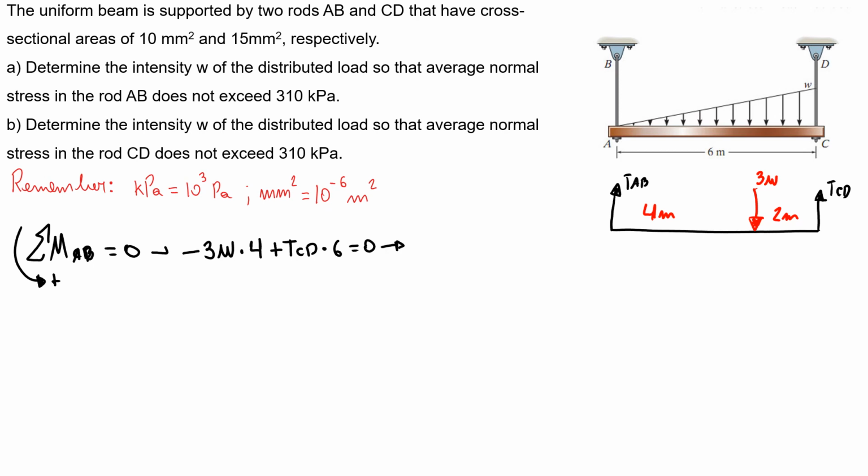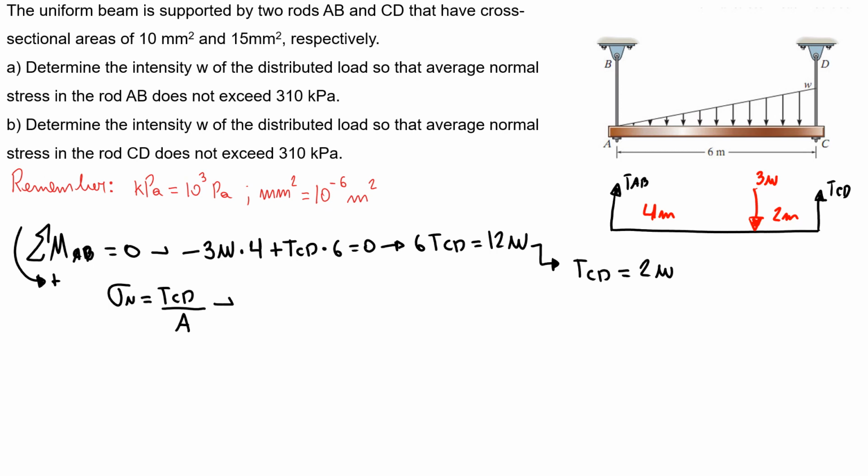So here I have 6 tension CD equals 12 omega, so my tension CD equals 2 omega.